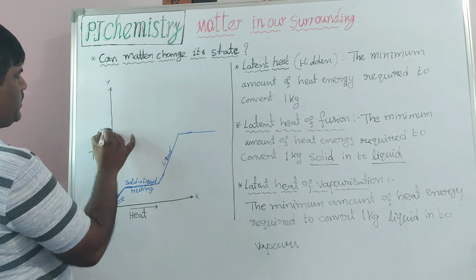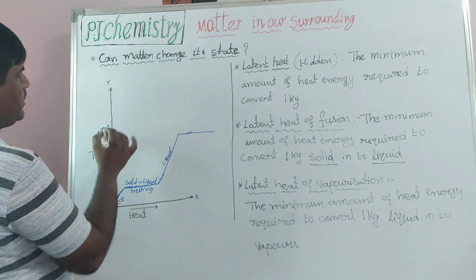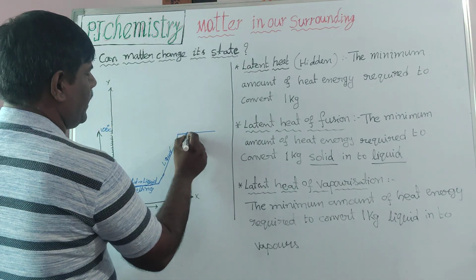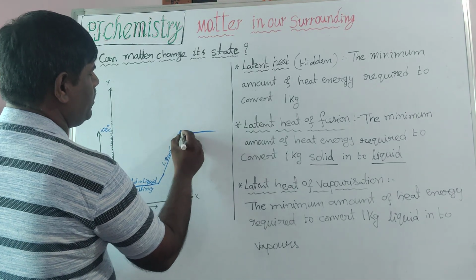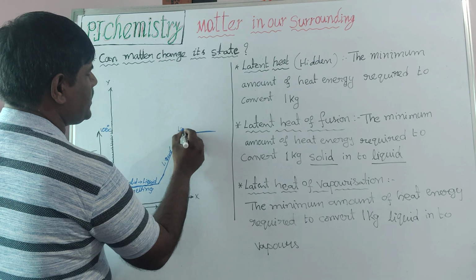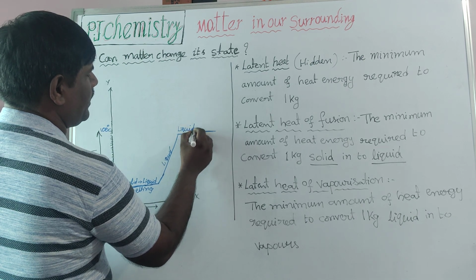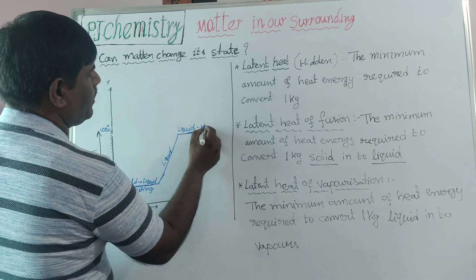When it reaches 100 degrees Celsius, the liquid starts to vaporize. This is phase transition, liquid to vapor.